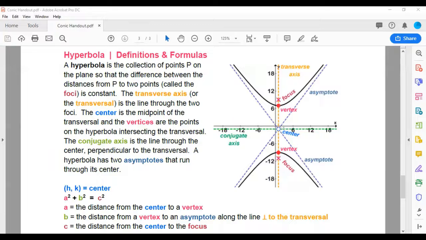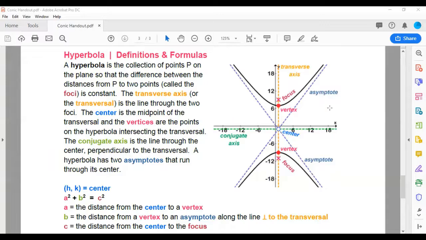We'll get to that in a minute. But on this picture, the rise is A, because it's the distance from the center to the vertex, and then the run, if I go perpendicular to the transverse axis, that tells me B. So you get B by knowing the slopes of the asymptotes and the vertices, and that A.